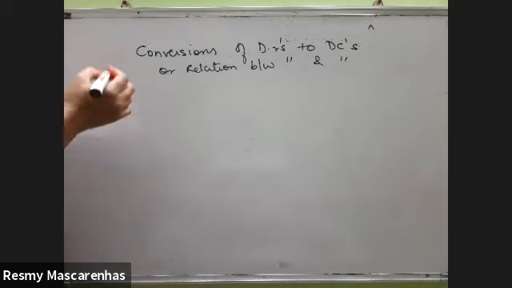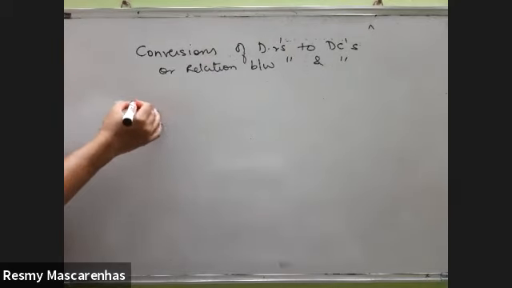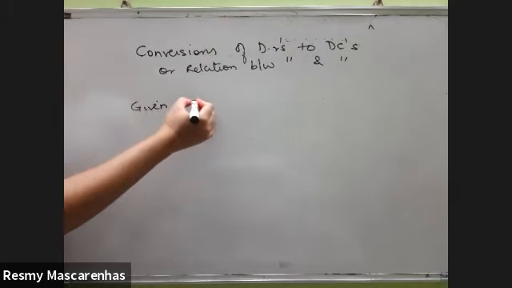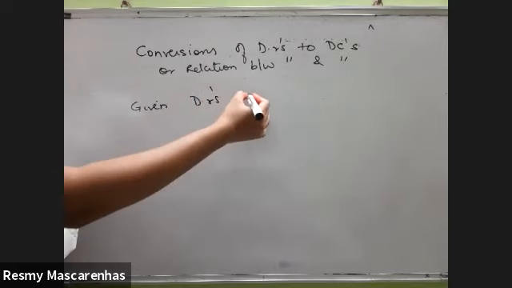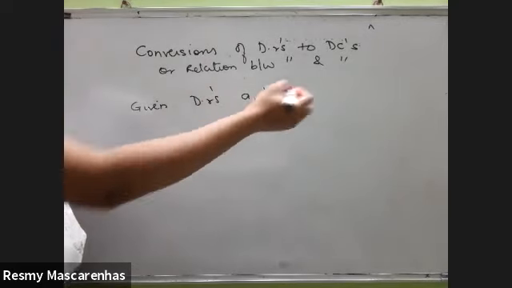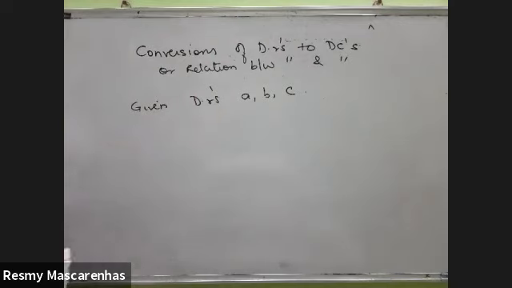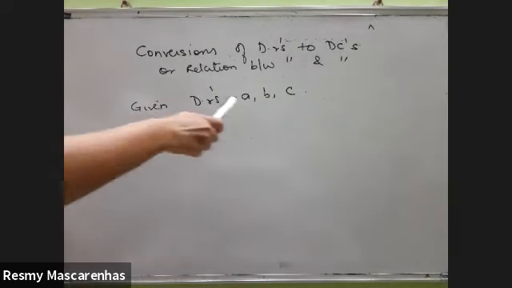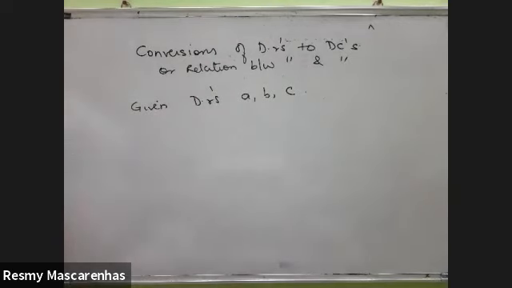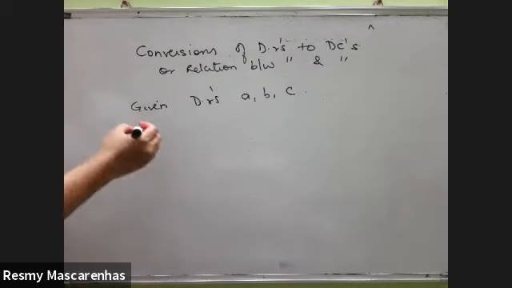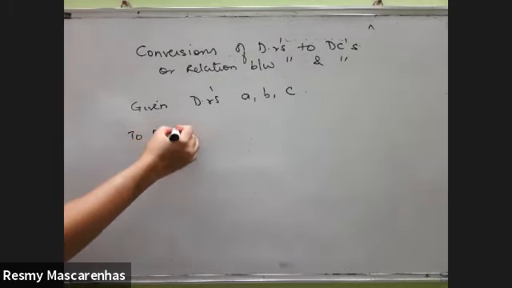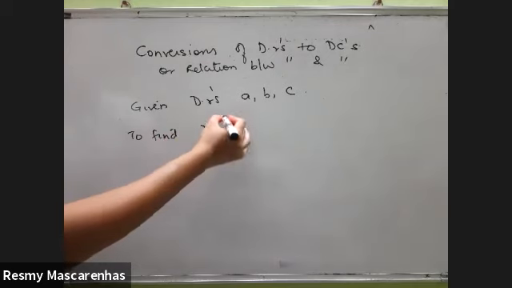Suppose the direction ratios of a line are a, b, c. This has been given to you. Now find the direction cosines.